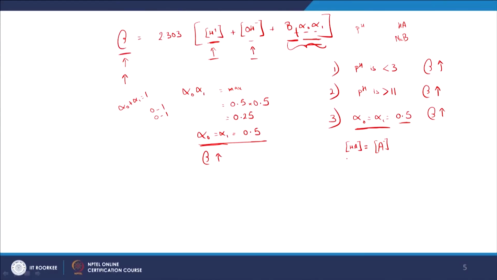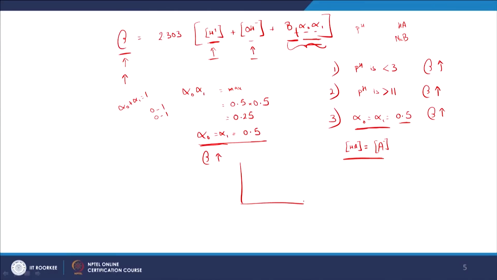When you have equal amounts of acid and base present and you add any additional acid or base, the system can either consume the proton or release a proton to be able to resist the change in pH. For that you obviously need to have both the acid and the base, and that particular scenario will be relevant to having a higher buffer intensity, and that obviously is the case when the pH is equal to pKa. So what is this about? When is alpha naught equal to alpha 1, or HA equal to A minus?